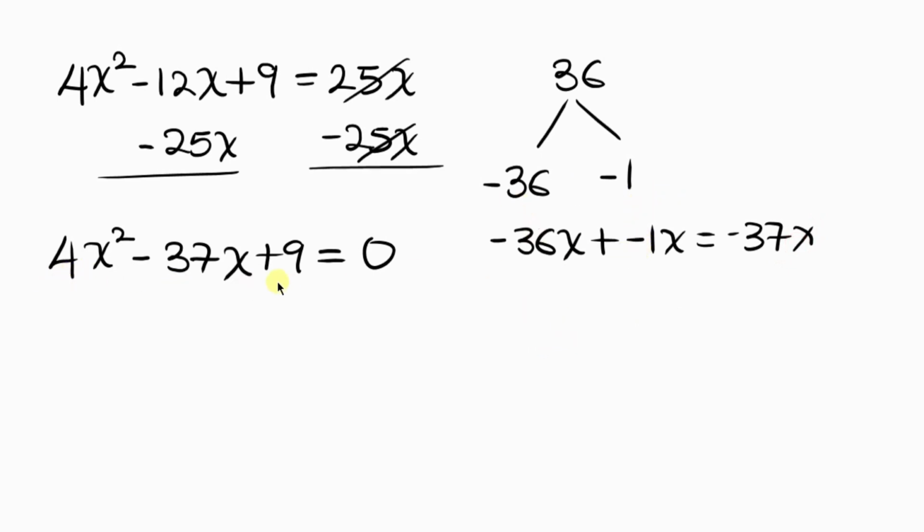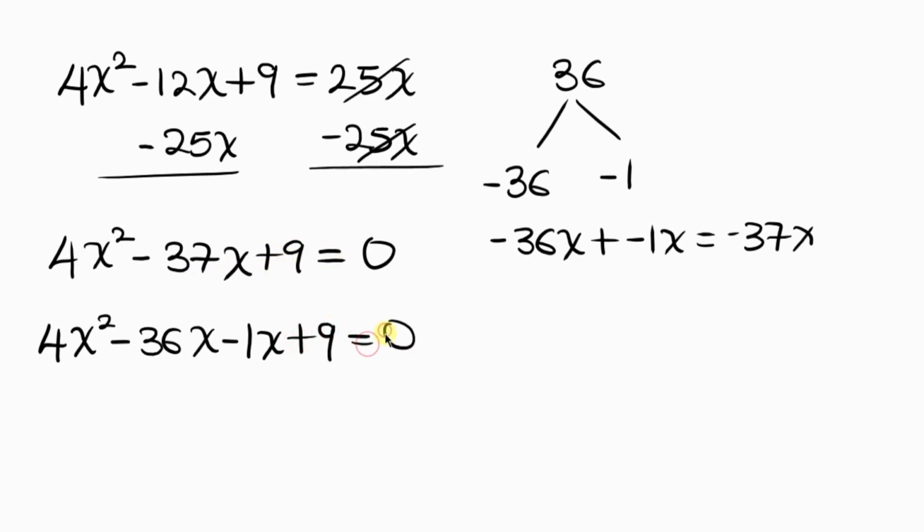So on simplifying, we have this first term, which is 4x squared. And then let's pick this, minus 36x. And then we pick this as well, minus 1x, which results to negative 37x. And then plus 9 equal to 0.